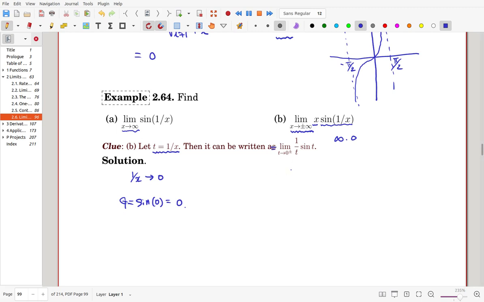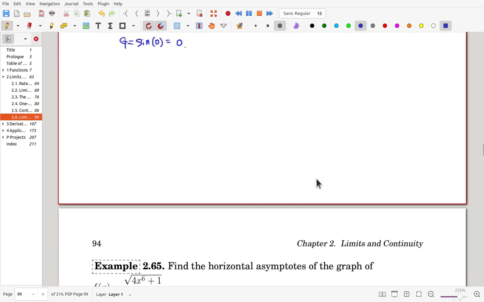We already know that the limit as t approaches 0 of sine t over t is 1, so the value is 1. The approach direction doesn't matter, whether t approaches from the right or from the left, since sine t over t has limit 1. So the final answer is 1.